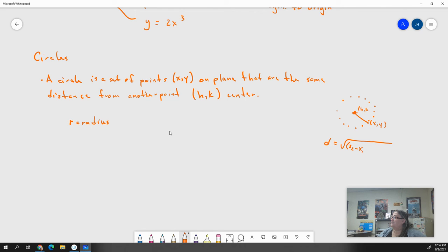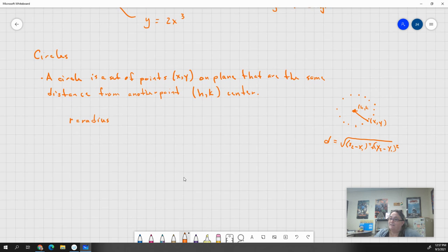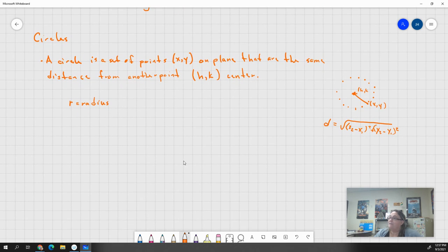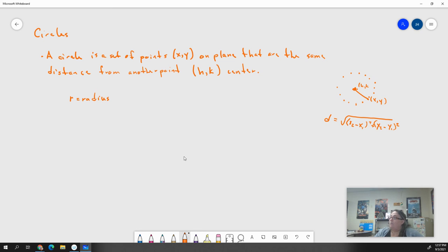The square root of (x2 minus x1) squared plus (y2 minus y1) squared. Do you remember that? Anybody remember that? We just did it the other day. Kylie remembers. The distance formula, I'm going to write it prettier over here so you can see.